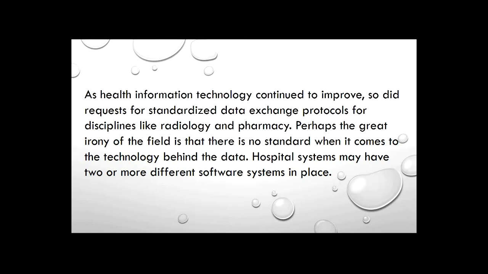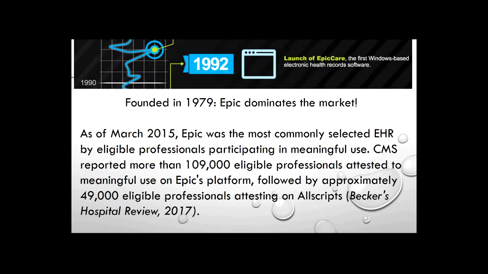The radiology department's not interested in how many units of oxycodone they have in the hospital, and likewise the pharmacy's not interested in the x-rays of patients on the other side of the hospital. So to get information from one to the other, there really wasn't a method to do it until HL7 came about, and we're going to get to HL7 here in a little bit.